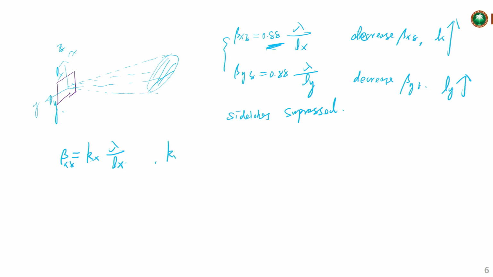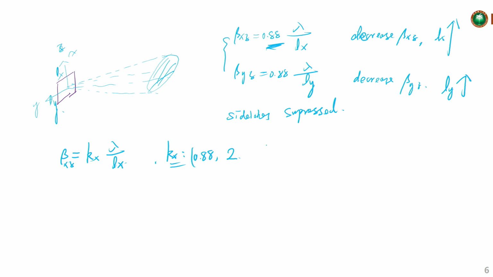Kx is a constant related to the steepness of the taper. It ranges between two values: the maximum is 2, and the smallest is 0.88.